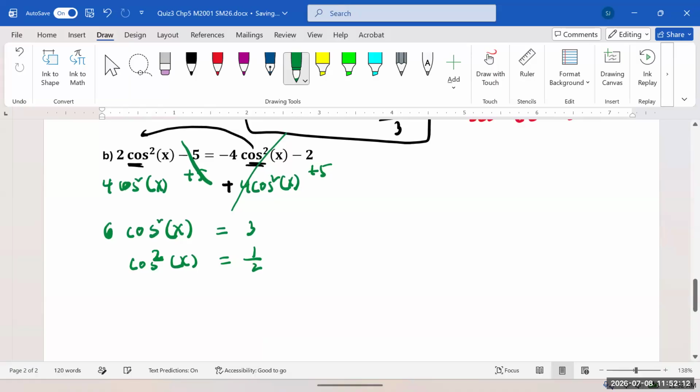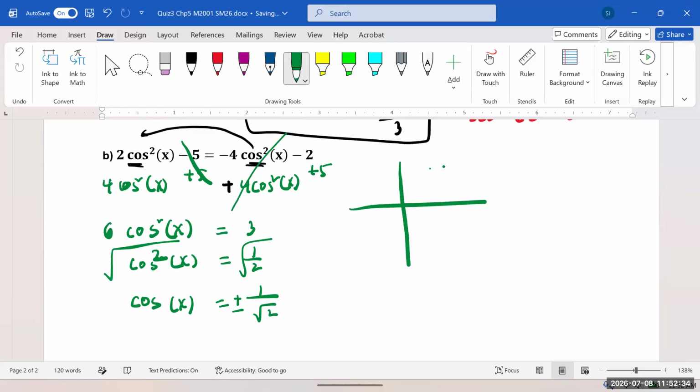And since it's cosine squared, that means you need the square root. So we have cosine x is 1/√2 with a plus minus sign. And this time we have to accept the plus minus because our domain is from 0 to 2 pi. So if you look at a unit circle, cos is positive here, cos is negative here.